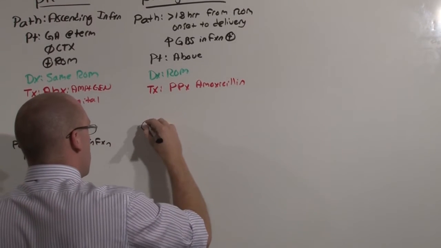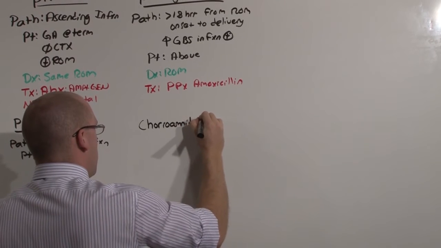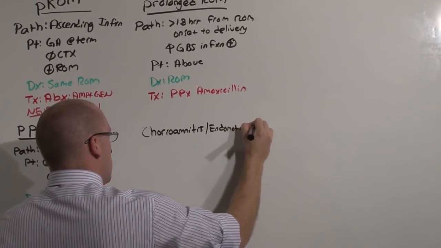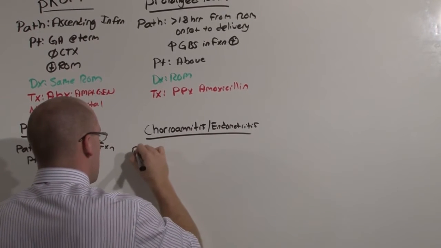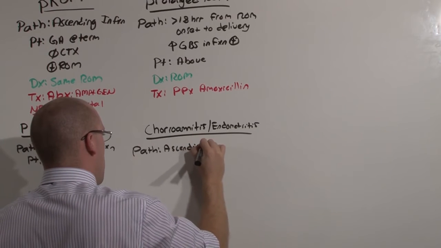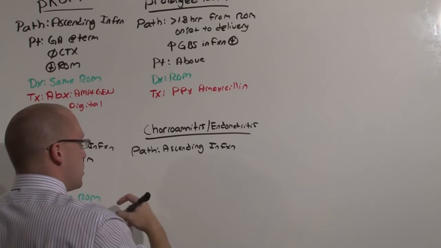That is chorioamnionitis and endometritis. This is also caused by an ascending infection. The same ascending infection that caused premature and preterm ROM.